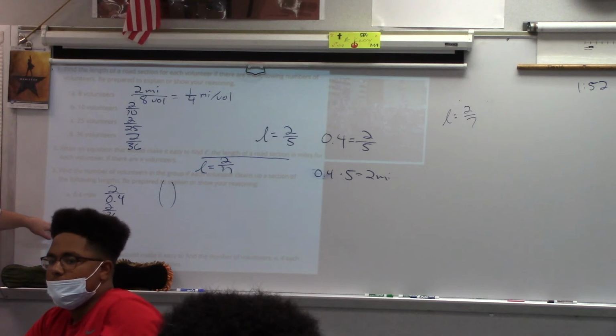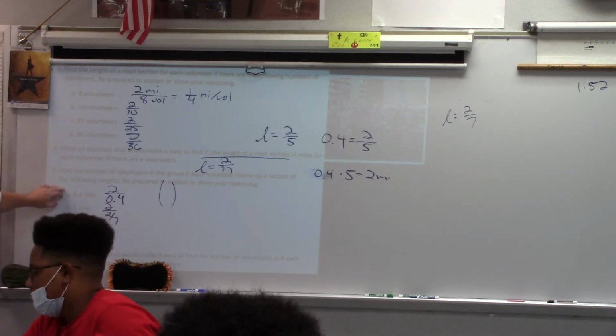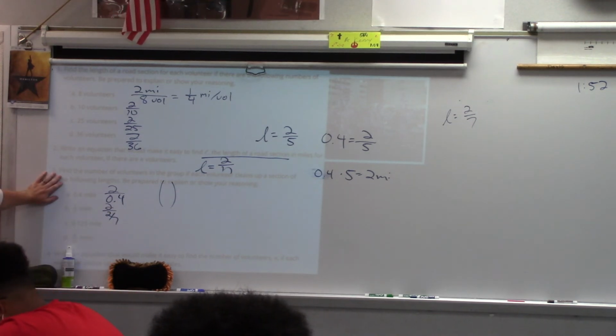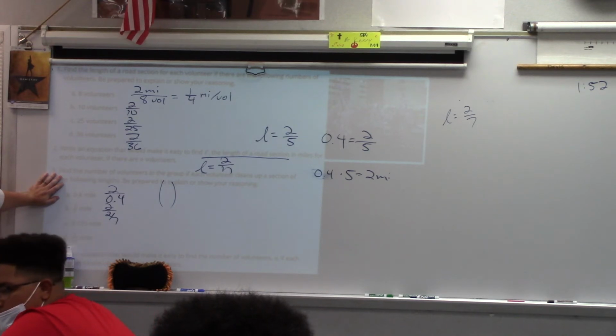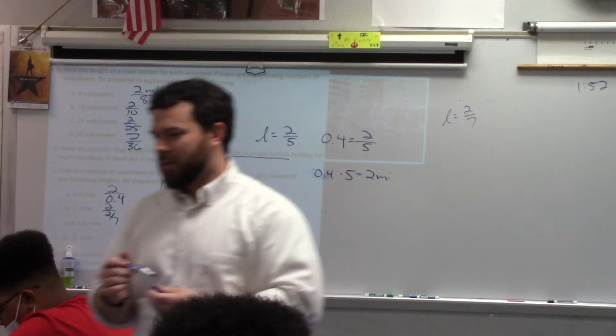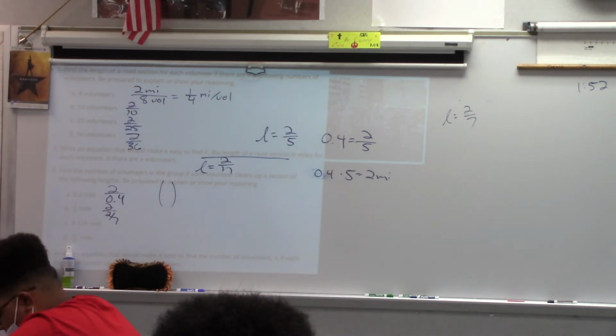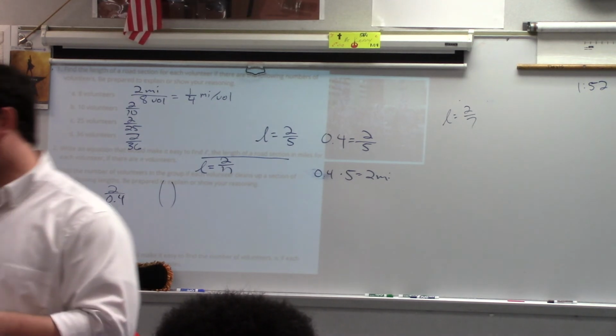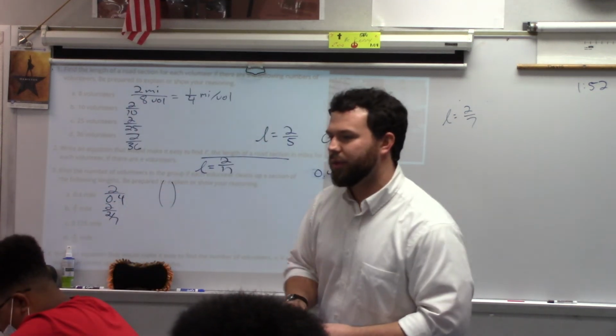I got 7, but I don't think I did it right. Do you remember what you did? It's outside. So 0.28, that's roughly 2 sevenths. So like if you do 2 sevenths as a decimal, that's close to what you would get.